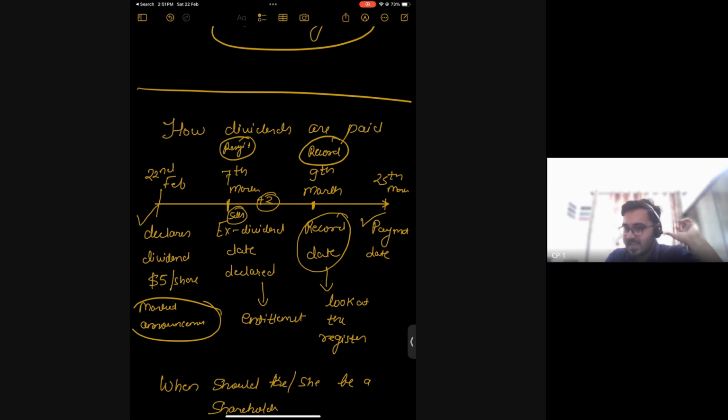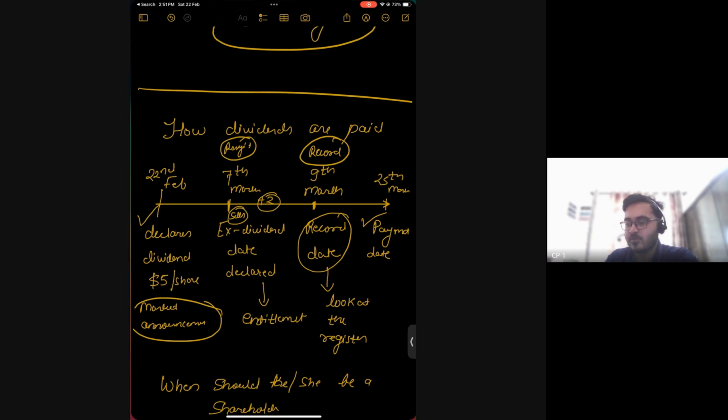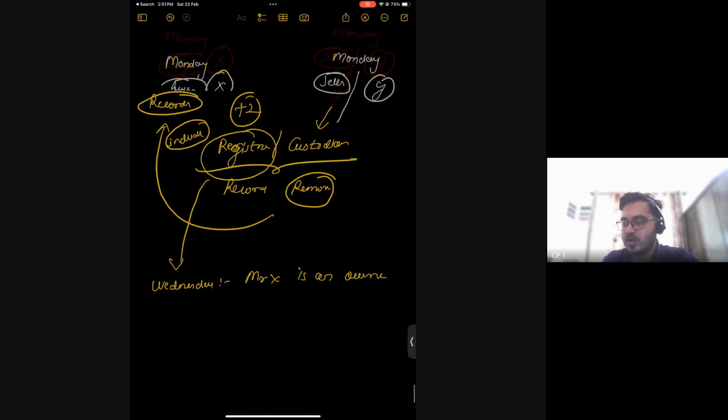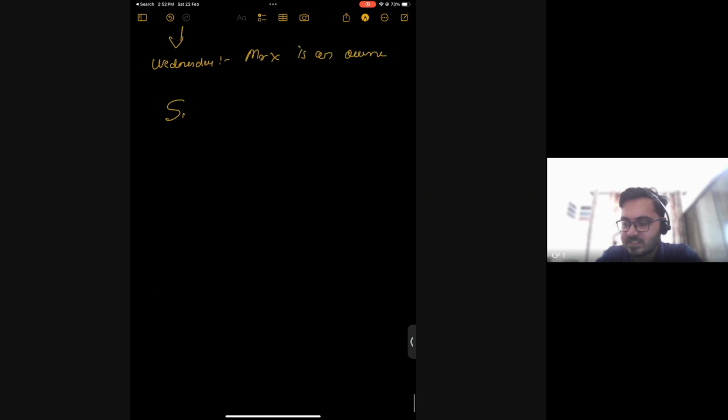So you keep a separate ex dividend date and you keep a separate record date. Record date is the date by which every transaction till 7th March has been executed, which means if someone sold on 7th, by 9th it will not be reflected, as a result of which he will not get dividend.